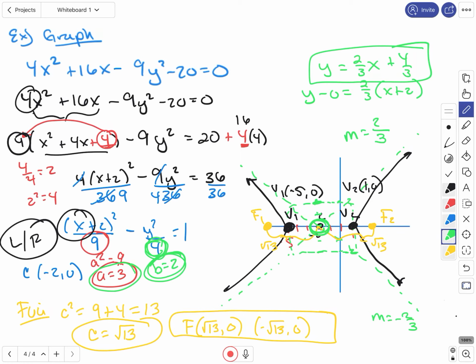You could do a similar thing for the bottom equation. Y minus 0 equals negative 2/3 times x plus 2. And distribute, so you get y equals negative 2/3 x minus 4/3.